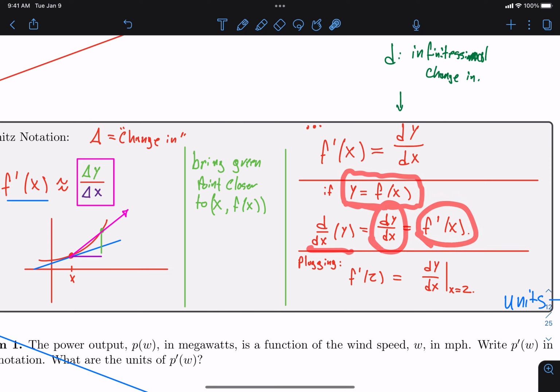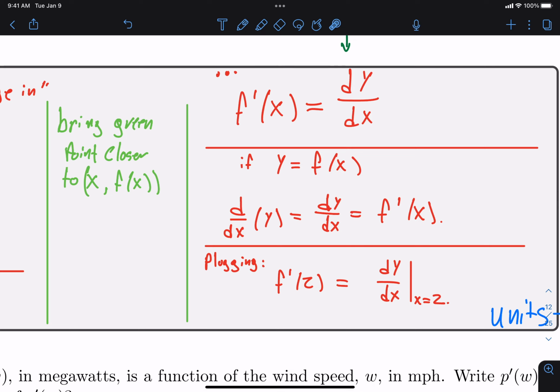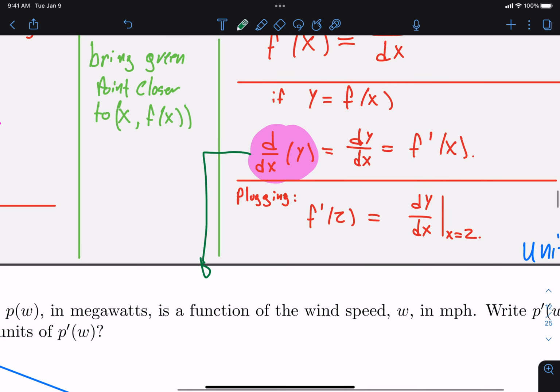These three things mean the same thing, and I just want to say something briefly about this notation, which you can think of as y, the function, being plugged into the derivative operator. Operator, that's a big word. What does operator mean? It means like do the derivative of.